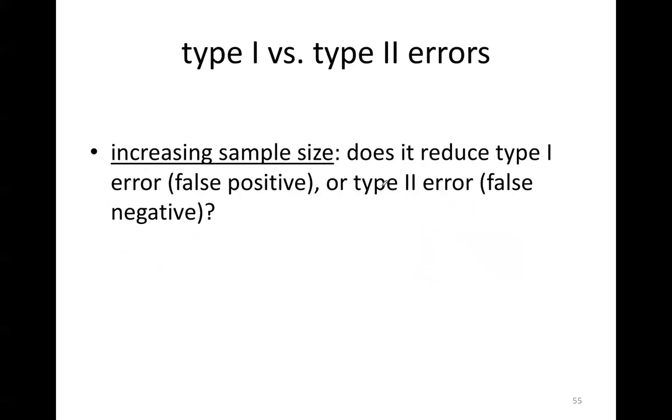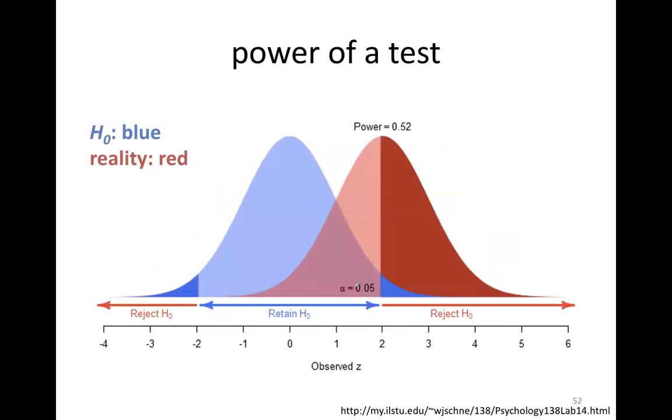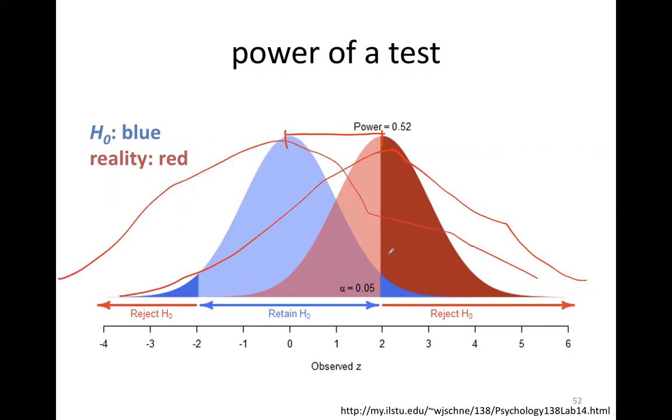And that we also already saw here. When the null hypothesis and the real data, reality, are different, so the null hypothesis is wrong, but we fail to reject it. And if we had a smaller sample size, then the distribution here would be fatter, and this one would also be fatter, and that would mean we would be failing to reject even more frequently.